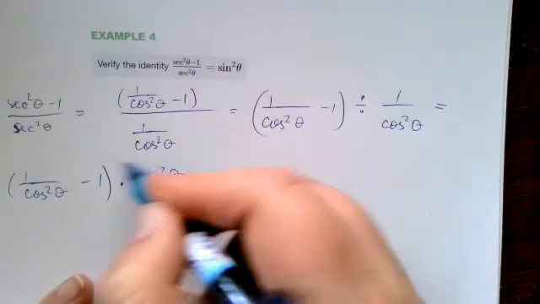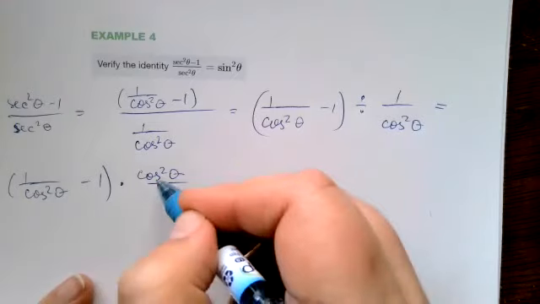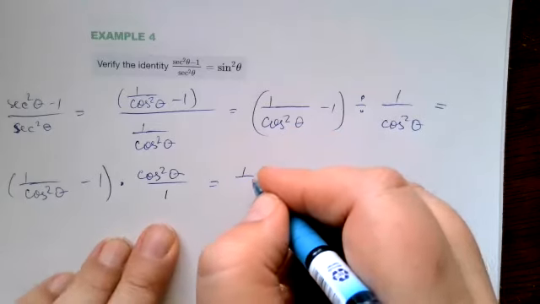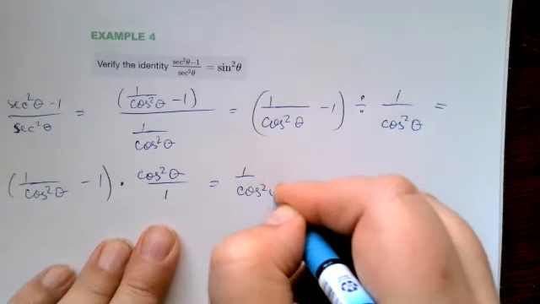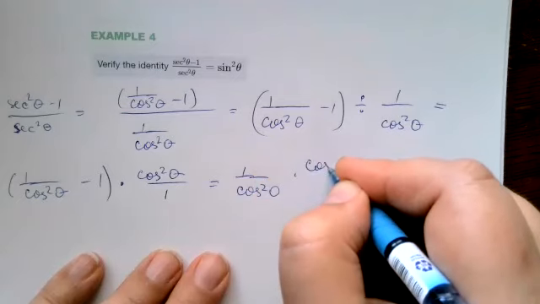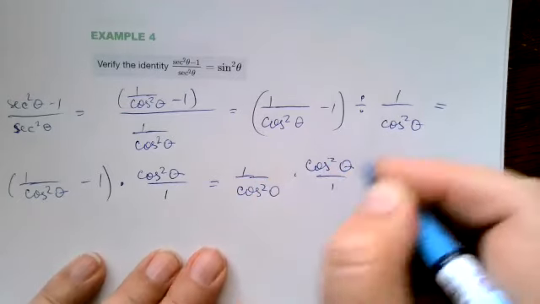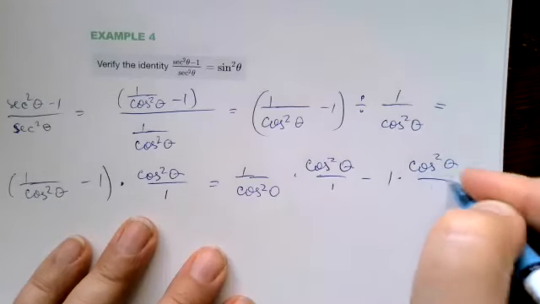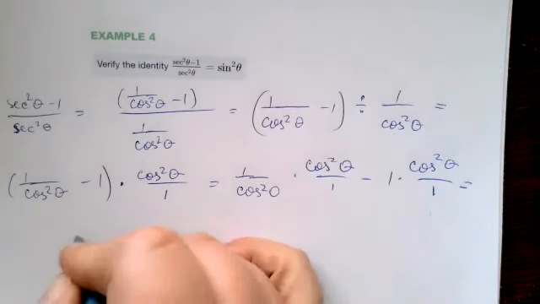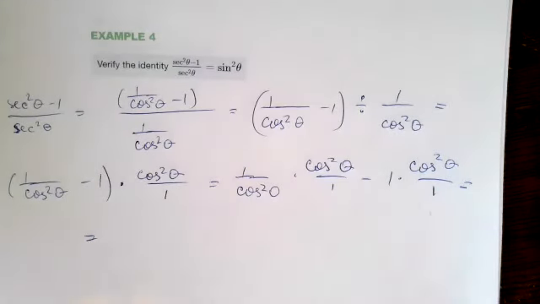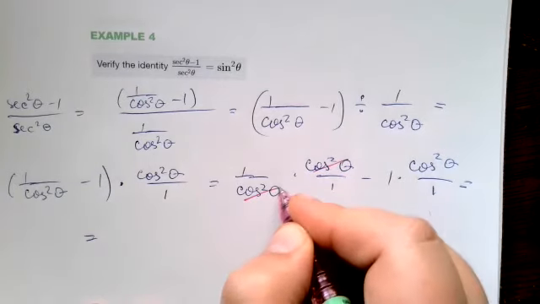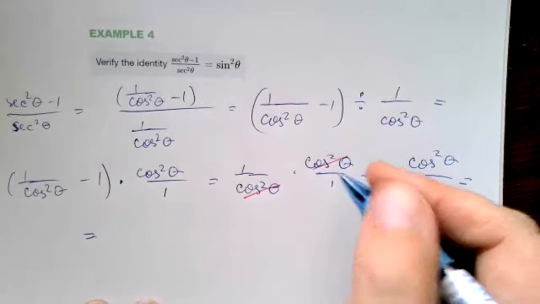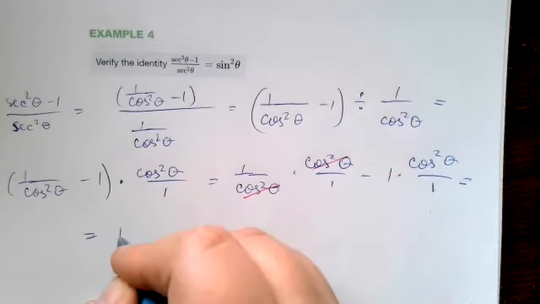So now I can actually go ahead and multiply this in, distribute this cosine squared theta over 1. All right. So as you probably see already, that cosine squared theta and cosine squared theta on the top and the bottom cancel each other. And we're going to just have 1 here.